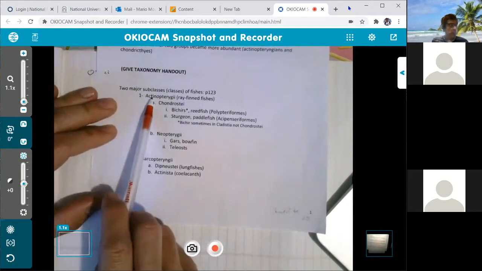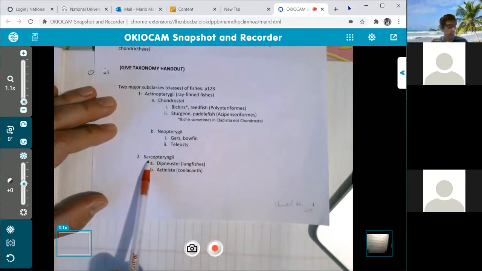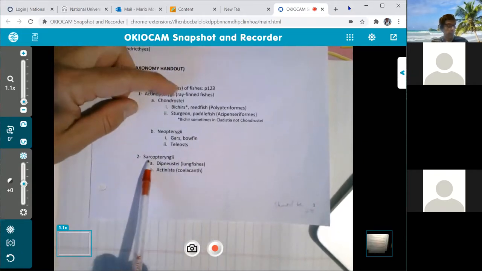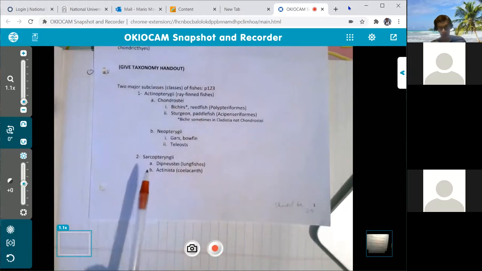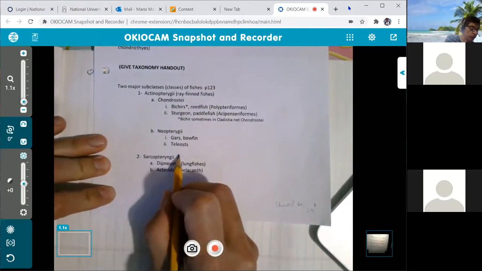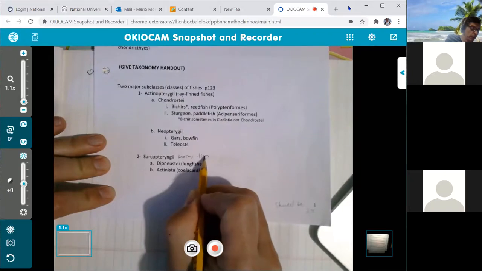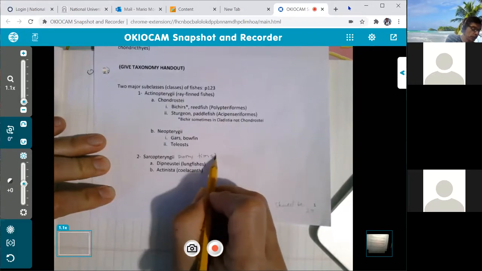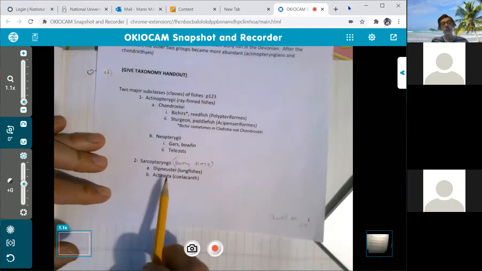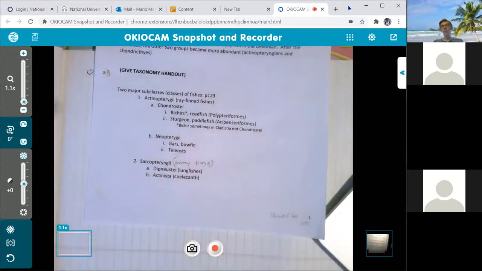So the two groups, Actinopterygii and Sarcopterygii. The Actinopterygii are ray fin. The Sarcopterygii have bony fins. In their fins they have bones, and the reason that's important is those bones are homologous to the bones in our arms and in our legs.